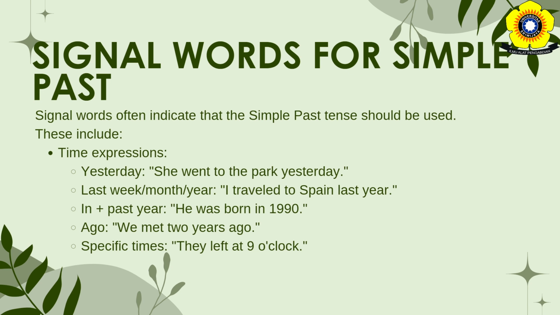Signal words often indicate that the simple past tense should be used. These include time expressions. Those are yesterday, last week or month or year, in plus past year, ago, specific times. For examples, you may read it by yourself.